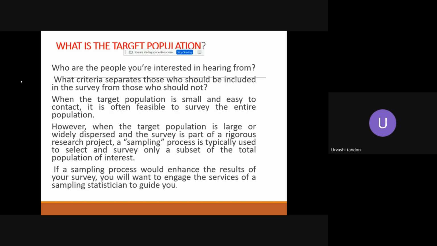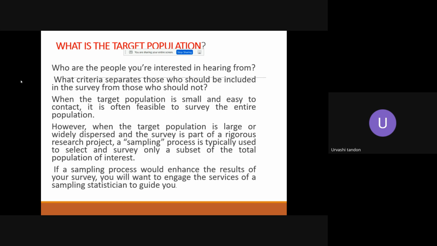I'm not aware of how many respondents there are. In that case, we generally pick a small sample and then conduct the research. But then again, that sample has to be representative of the entire population.